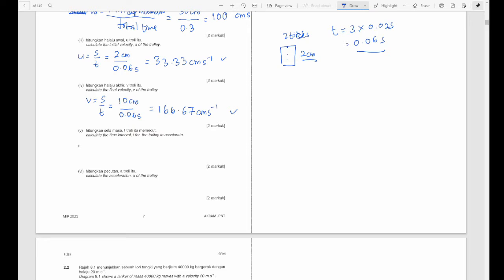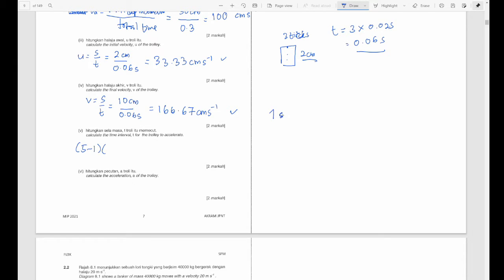Then we need to minus 1. That means if you have 10 strips, you need to minus 1, so you will get 9. In this case, you minus 1 from 5. So this is the number of intervals, and we need to insert the time for one strip.